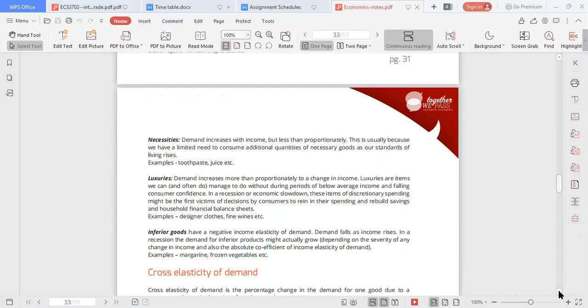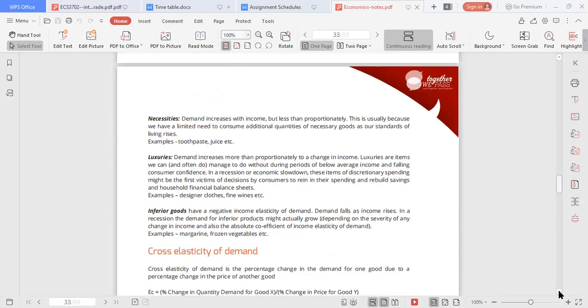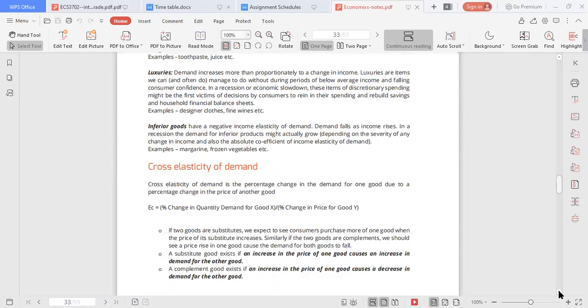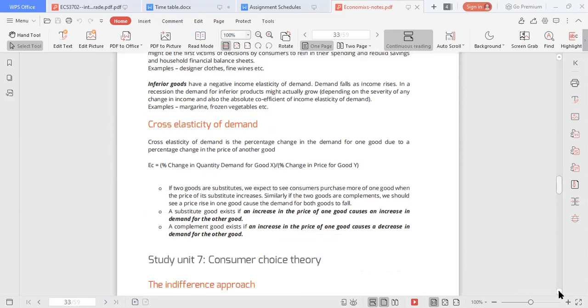A luxury, after your income changes, then you demand more of that good. So a luxury is also within a normal good. A necessity is also within a normal good because all these will give you a positive sign. Only an inferior will give you a negative one, a minus.